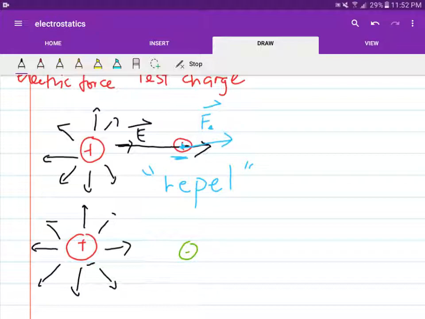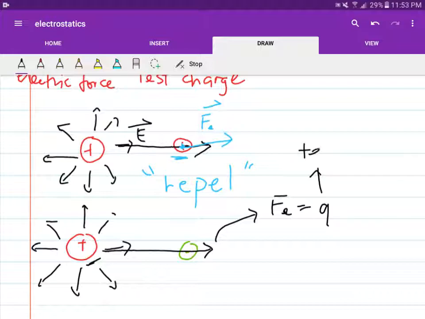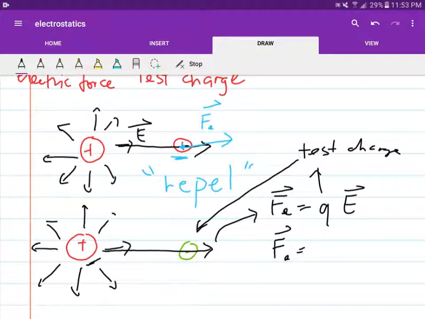This electric field that is set up by this positive charge will extend through and it will interact with the negative charge, and the Coulombic force that will be experienced by this negative charge is equal to its charge, since this is the test charge, times the field.